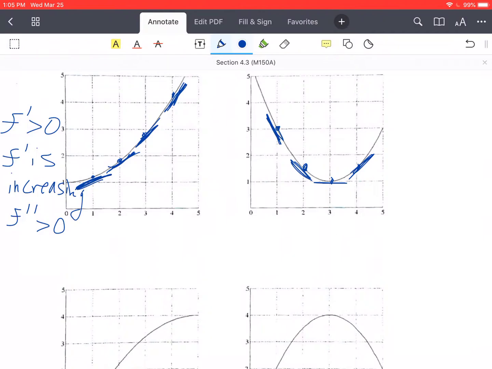But if you think about what the slopes are doing, this first one is really negative, getting less negative, getting to 0, and then becoming positive. So f prime in this case is also increasing, which means that f double prime is positive.